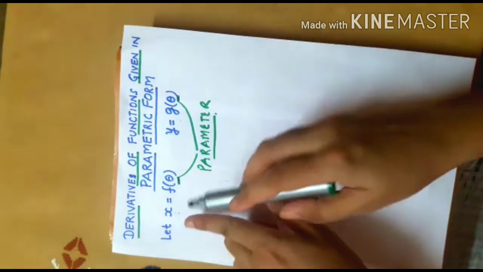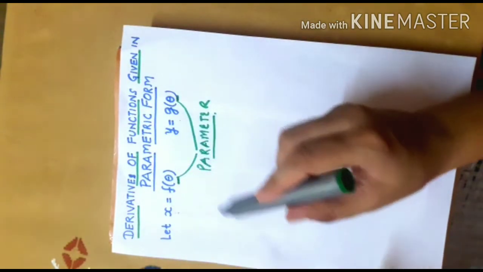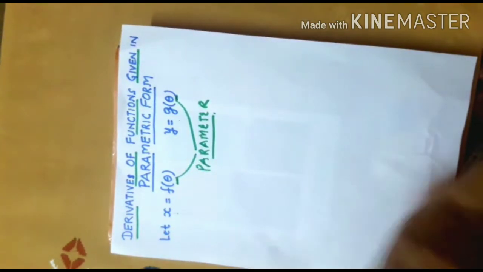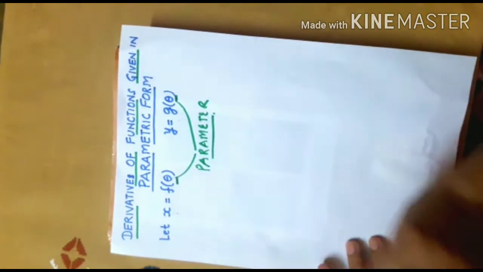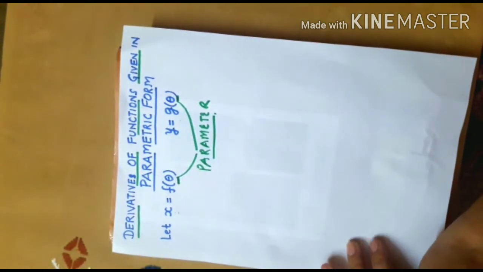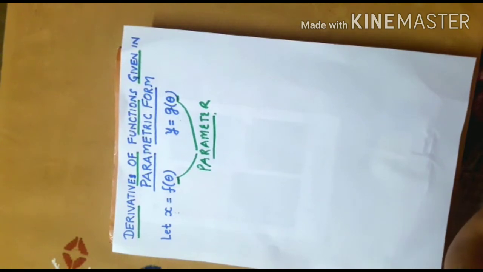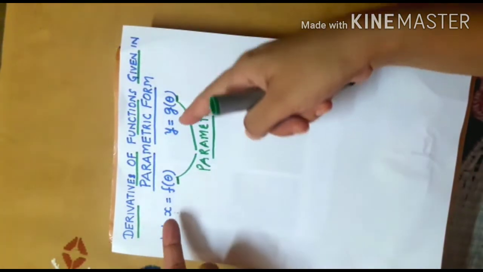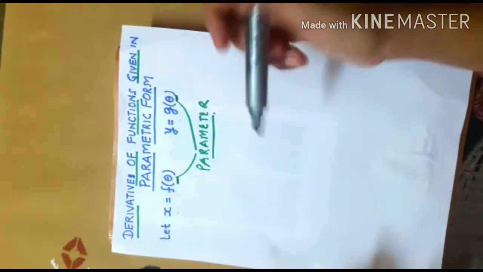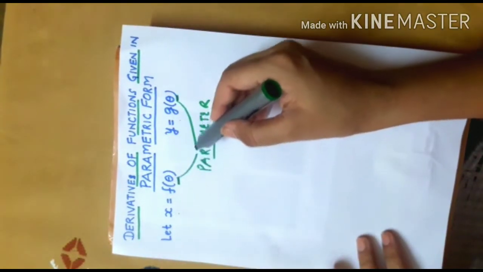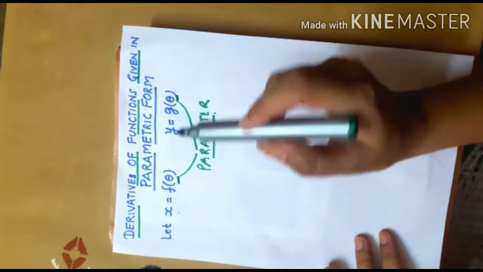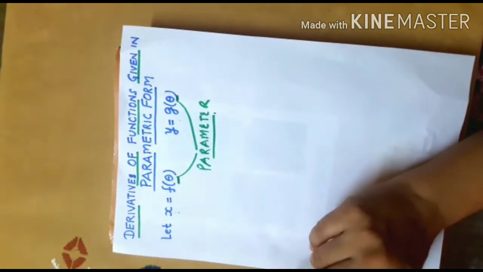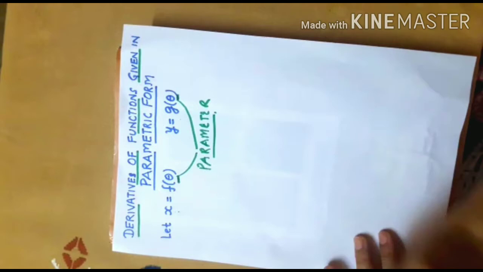So here x and y are expressed explicitly in terms of the third variable theta. So can I say that here x and y are connected to this third variable theta, and this third variable through which x and y are connected is called the parameter.